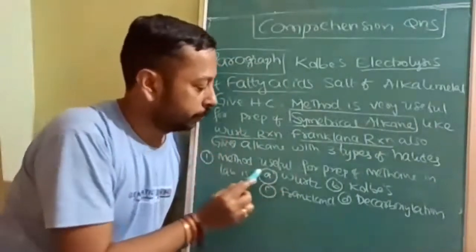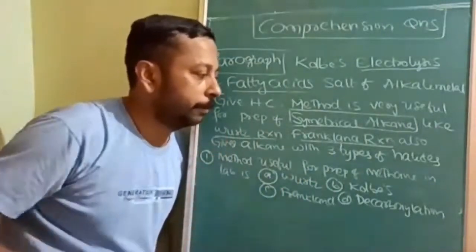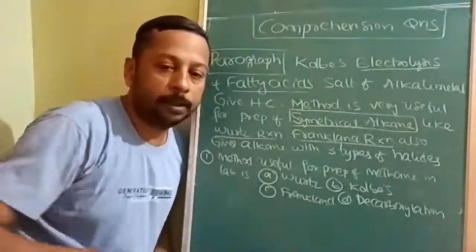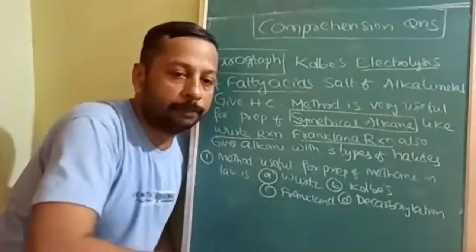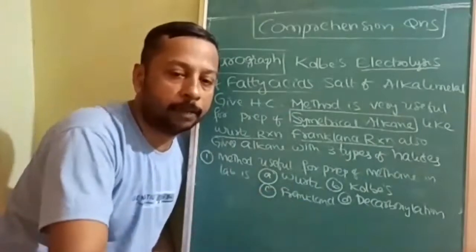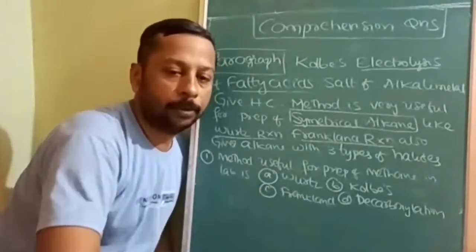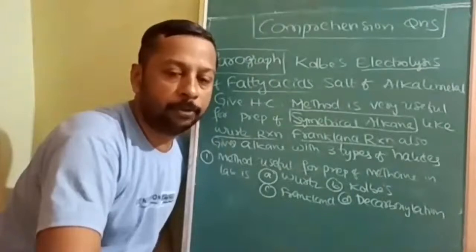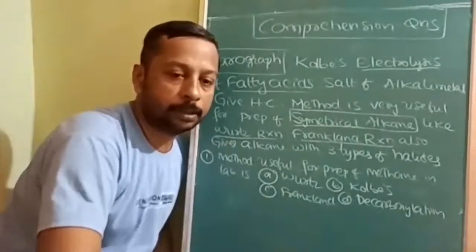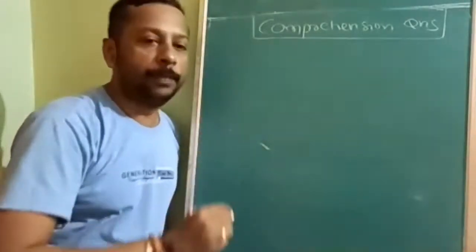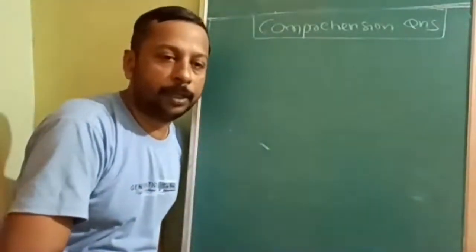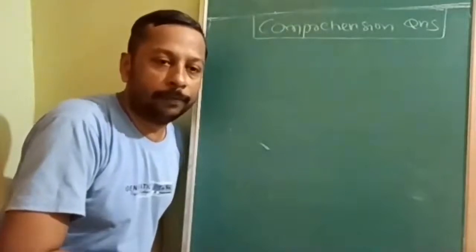Next question is, which method is useful for the preparation of methane? Methane can be prepared by the Wurtz reaction, Kolbe's reaction, Frankland reaction, or decarboxylation. Note this paragraph. Based on this, we will do some more questions. In the previous question, the problem is that methane contains only one carbon. One is not double of any number.